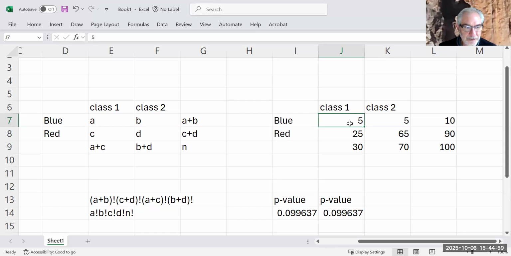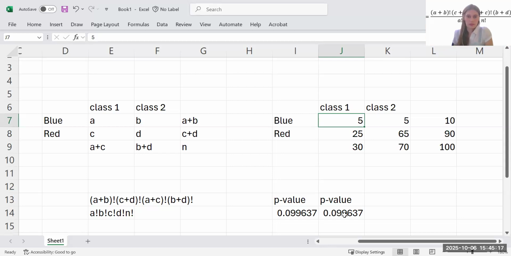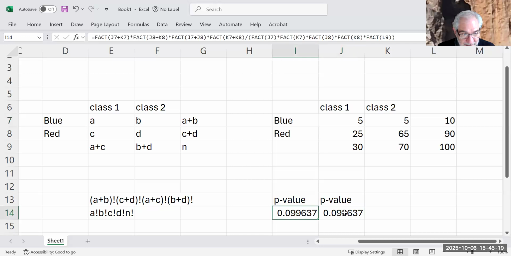I'm wondering now if we change these values with the same proportions across A, B, C, and D, but make those numbers smaller, like divide each one of them by 5. We'll try that and see what happens to these bits right here.